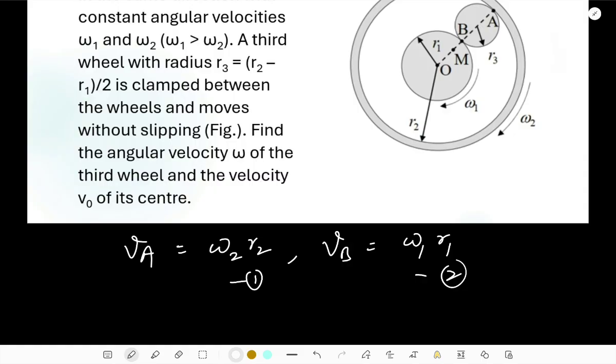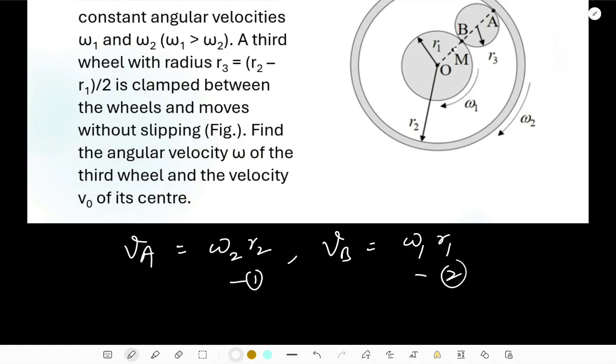I think it will be convenient to use the concept of instantaneous axis of rotation, the instantaneous center of rotation. Where is the instantaneous center of rotation? Let's call it M. Why M? I don't know, I just assumed it. I can assume it anywhere you want.